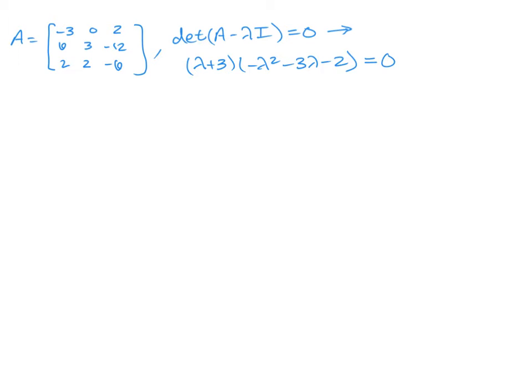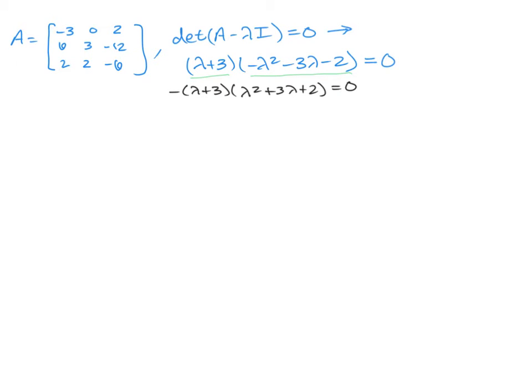So we're down to a factored polynomial with our lambda plus 3 times our negative lambda squared minus 3 lambda minus 2. You'll notice that each one of those terms has a negative, so let's factor that out completely and have negative (lambda plus 3) times (lambda squared plus 3 lambda plus 2) equals 0.